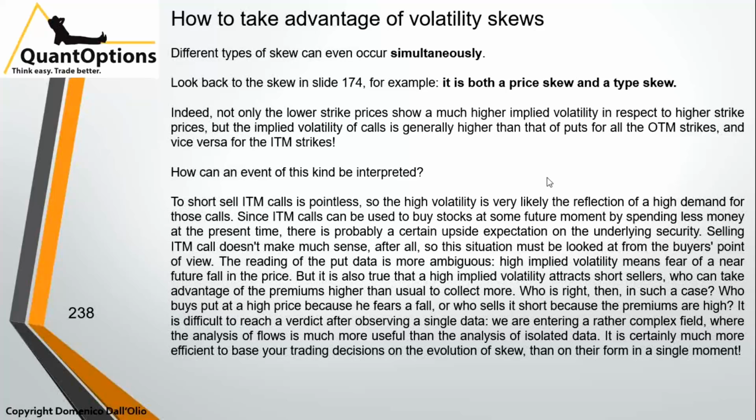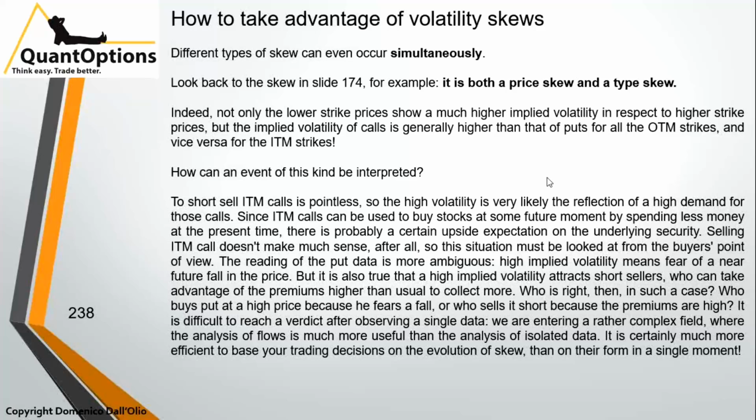The reading of the put data, on the other hand, is more ambiguous. High implied volatility means fear of a near future fall in the price. But it is also true that a high implied volatility attracts short sellers who can take advantage of the premiums higher than usual to collect more. Who is right then in such a case?